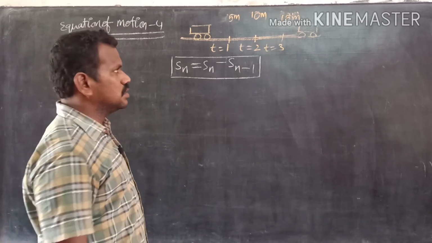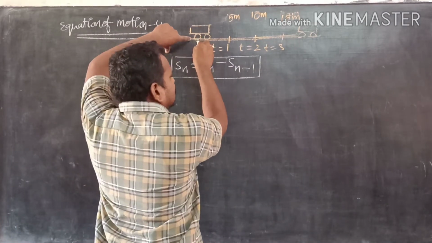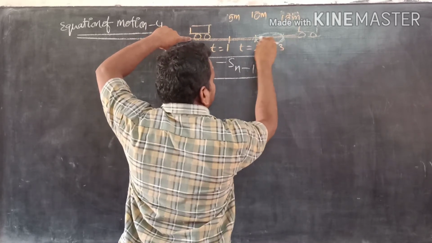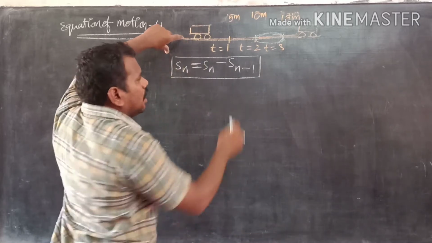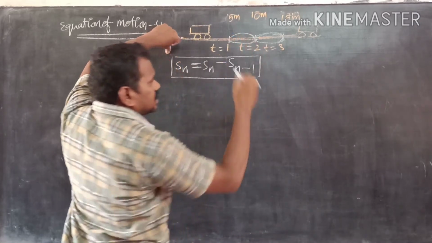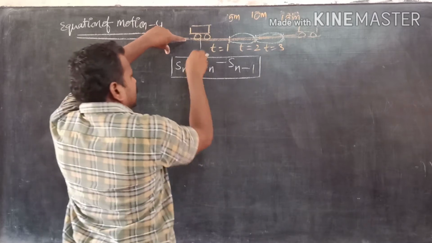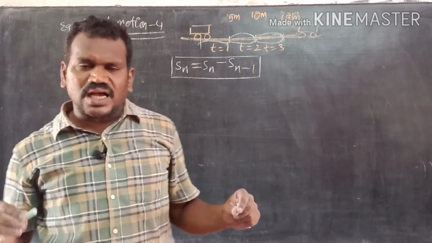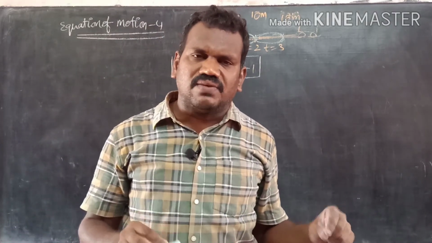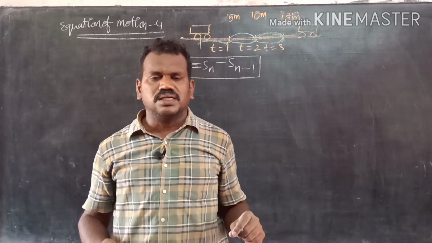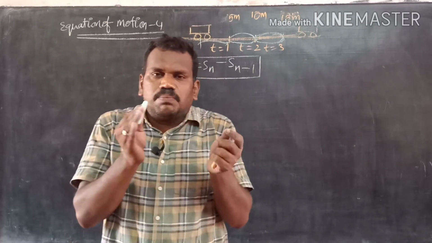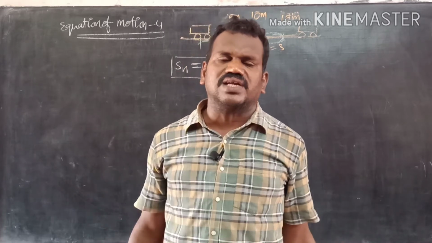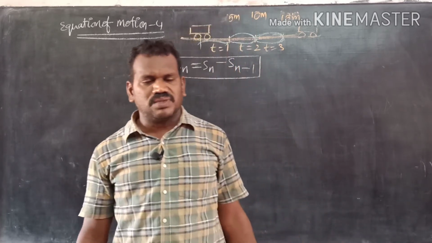But I require the displacement of this vehicle in between the second and third second, or between the first and second second, or between the start and the first second. That means we are calculating the distance traveled, or displacement, of the vehicle in a particular interval of time, in between successive intervals of time.